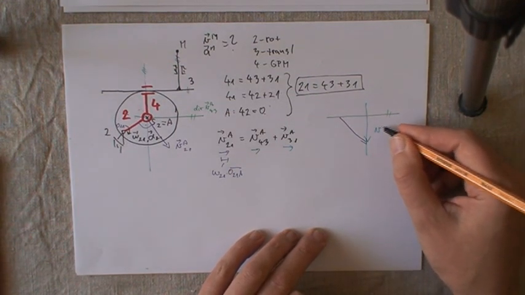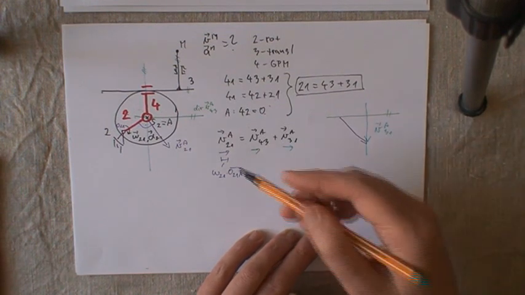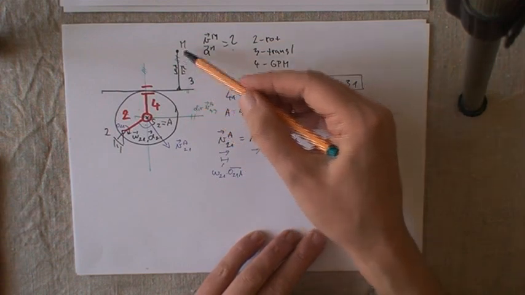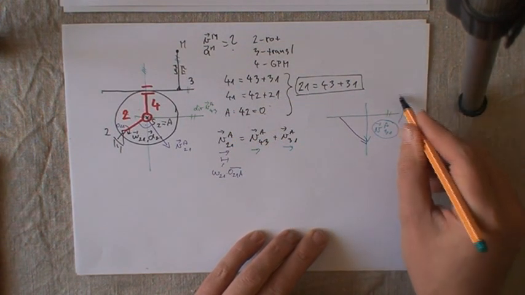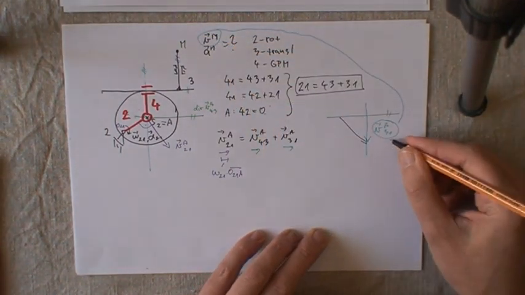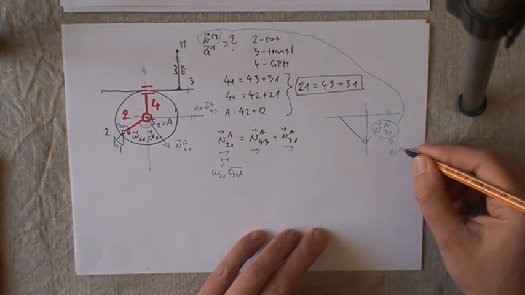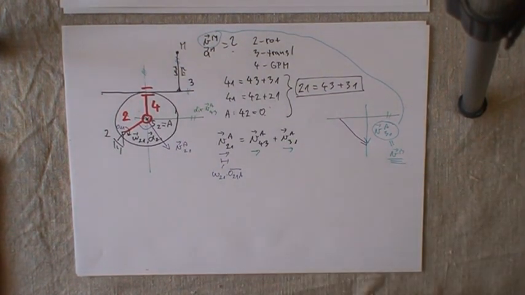So this will give us VA31, and because 31 is translation, VA31 is the same as what we are trying to solve. So this is directly the velocity of point M, and we have the first part of our example done.